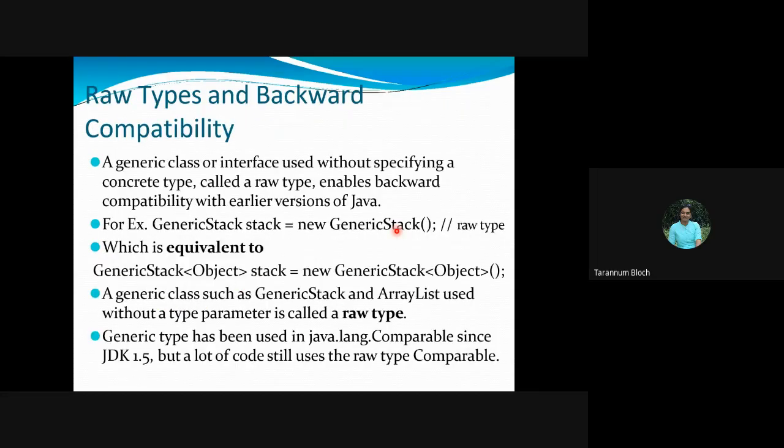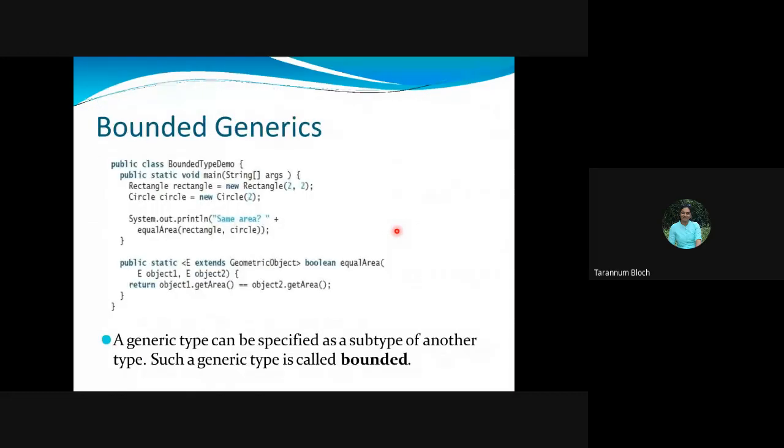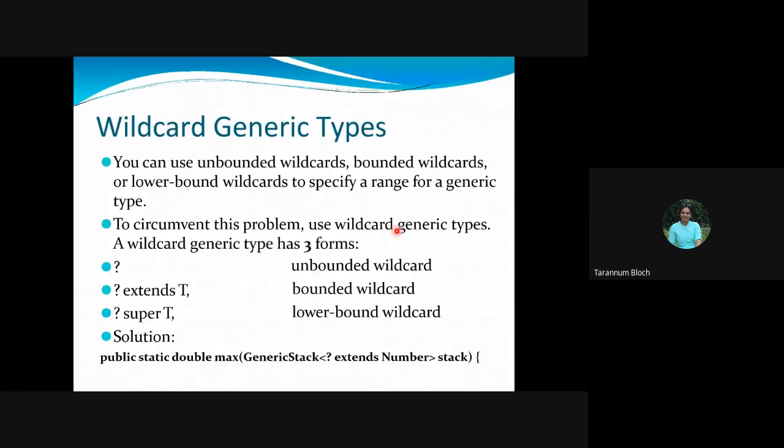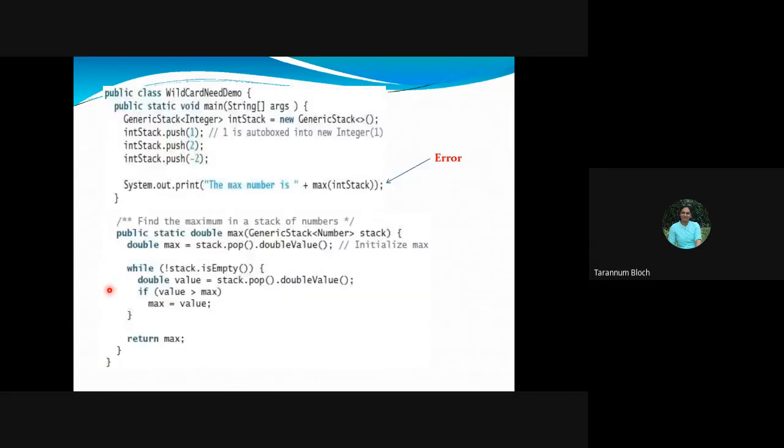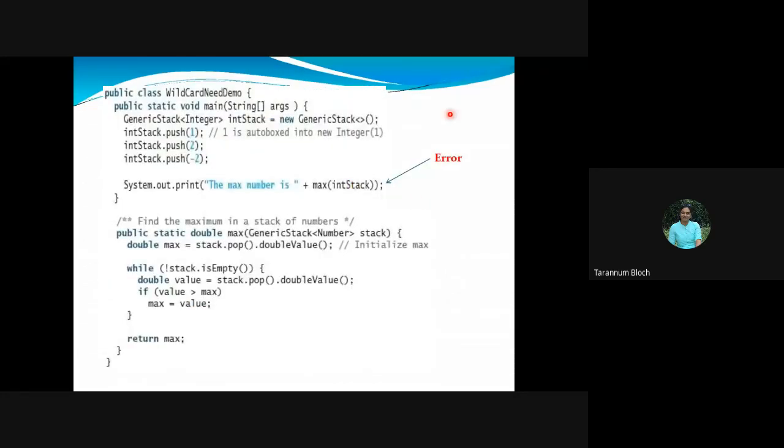We learned what is raw type and what is backward compatibility. We learned what is bounded generic, and we said that when we have a generic, it can have three further forms, that is unbounded wildcard, bounded wildcard, and lower bounded wildcard, and we learned the notations for that, right? And along with that, we learned why we need the wildcard. Fine. So that's it for today.